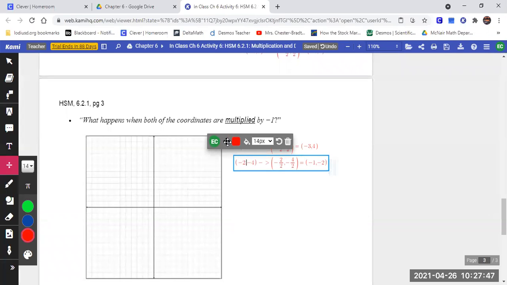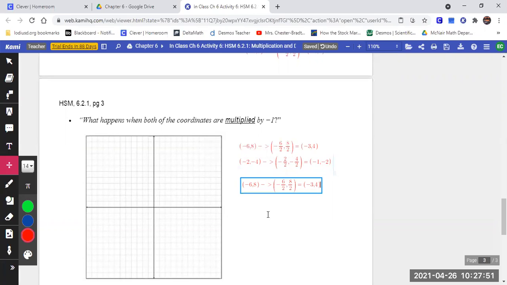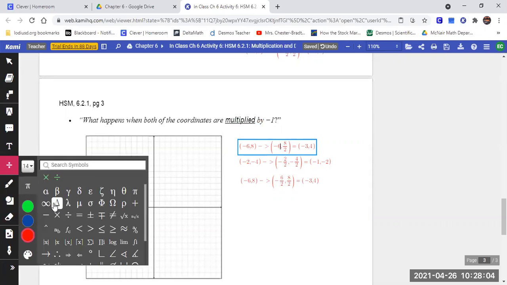Okay, so what did we figure out before happened with multiplying by -1? It said at the very top of the page. So I'm going to be taking -6 times -1, and I'm going to be taking positive 8 times negative 1 and getting my new coordinate. What am I going to get?